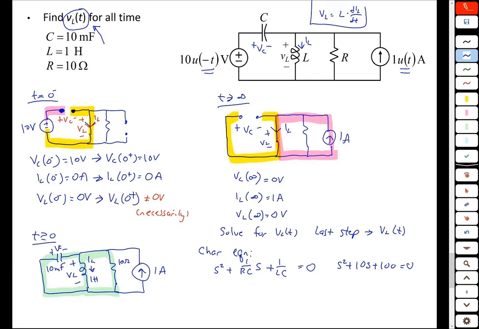Using the characteristic equation, the roots are negative 10 plus or minus the square root of 10 squared, 100, minus 4 times 100, all over 2. We see that there are complex conjugate roots. We get minus 10 plus or minus the square root of 300 over 2, which is equal to minus 5 plus or minus j 5 root 3.